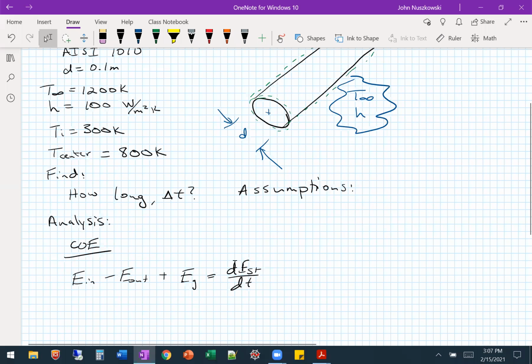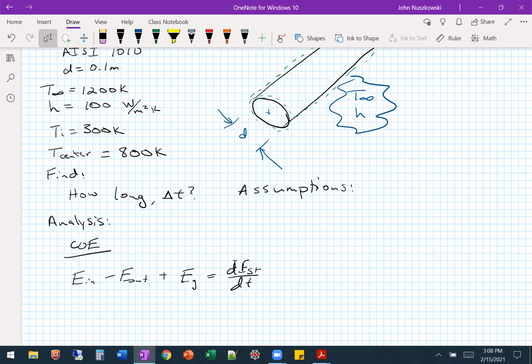What types of heat transfer do we have crossing our boundary? What kind of energy in, energy out? Do we have energy generated? Convection.